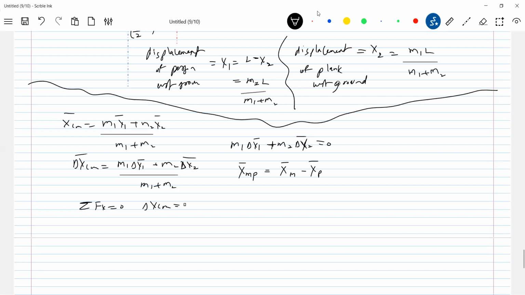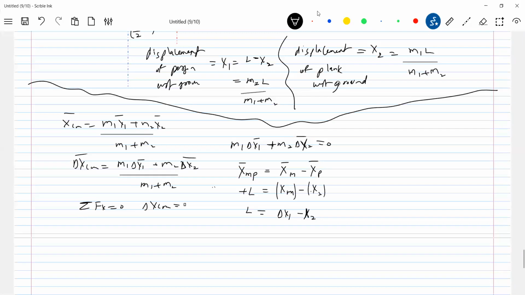There's a formula, no? Displacement of man with respect to plank is L, it'll move towards right. Displacement of man with respect to ground, we don't know. Displacement of plank, we don't know. The one which you don't know, just leave it. Okay, got this? So what is this? This is xm, displacement of person. So I'll write it delta x1 minus x2.